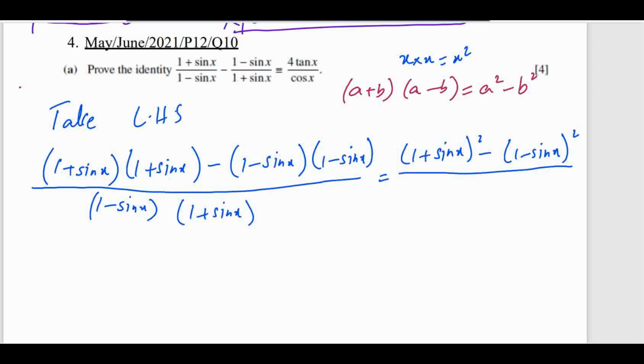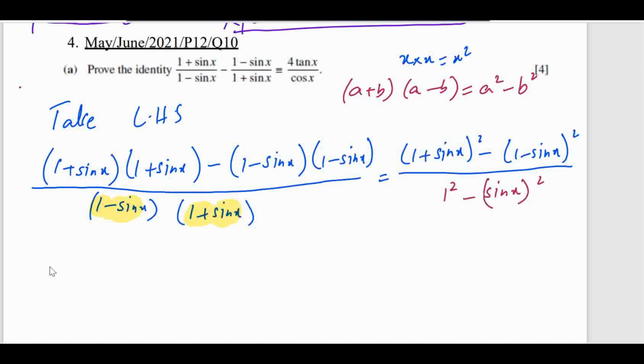Here we have 1 minus sine of x into 1 plus sine of x, so we can multiply these two and get a square minus b square.